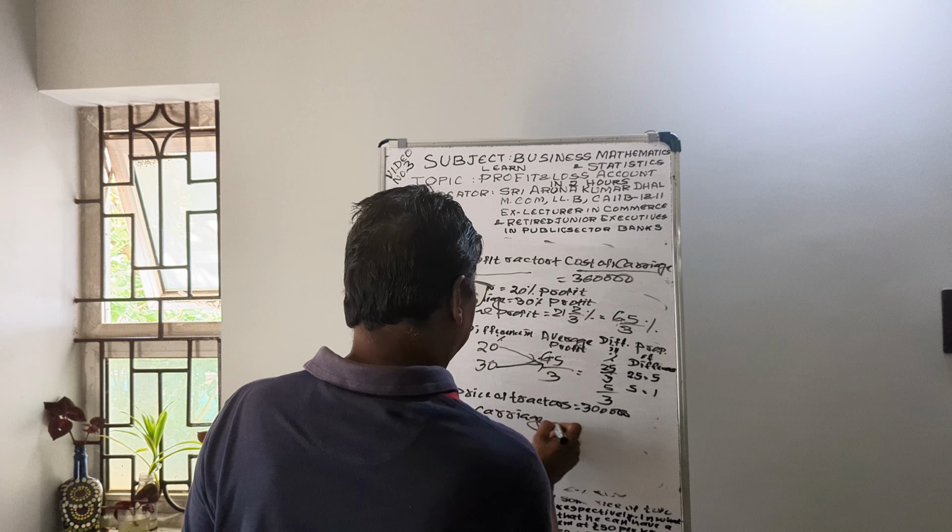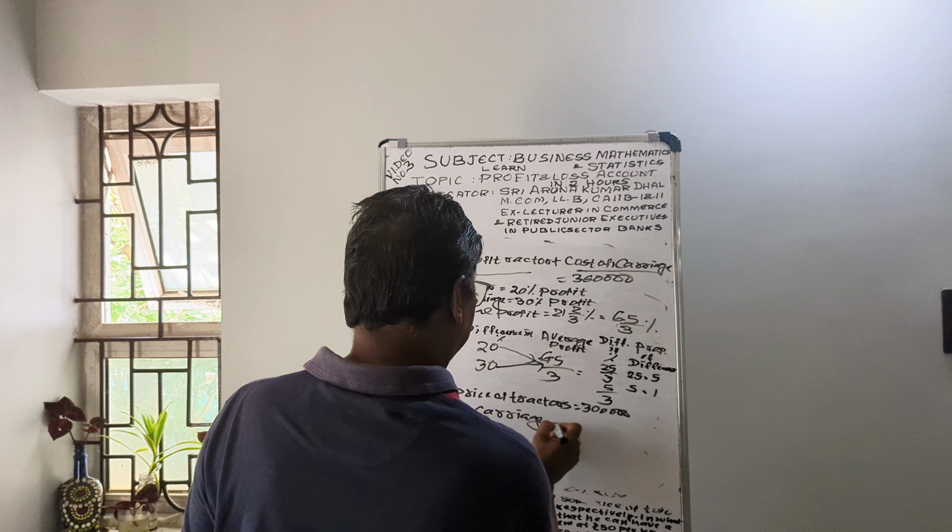So he sold the tractor at a 20% profit, means sales price of tractor is 3 lakh into 120 by 100, that is 6 by 5, so 3 lakh 60,000.